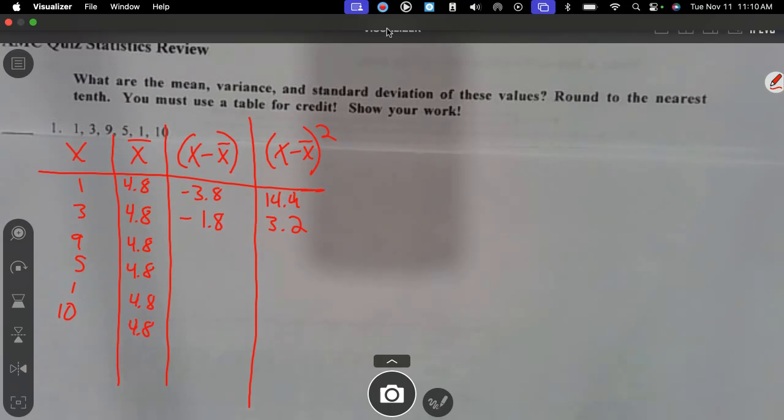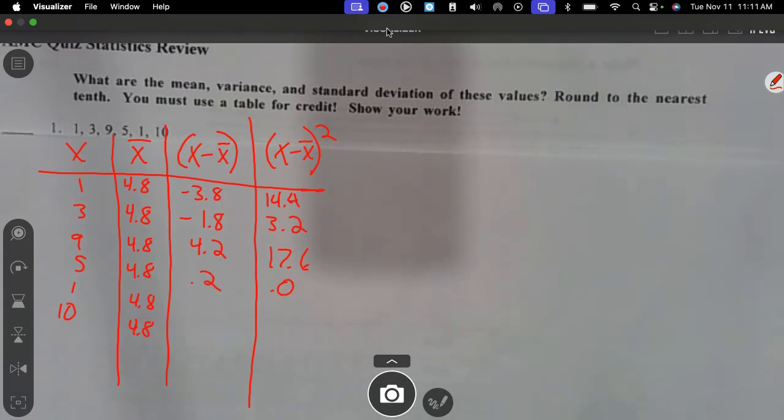So then I get 9 minus 4.8. Is it 14.4 or 14.9? That's 14.4. 5 minus 4.8 is 0.2.